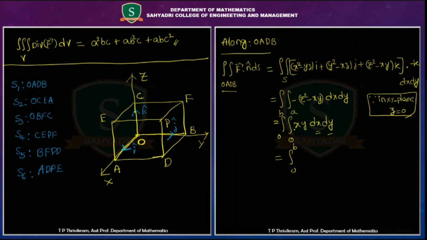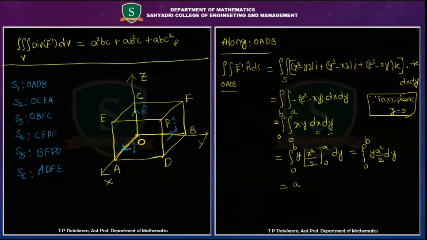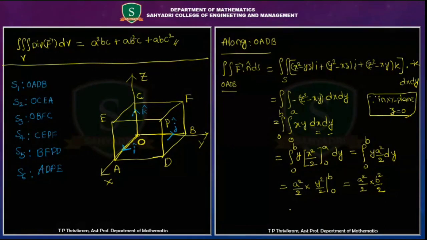Integrate with respect to x, you keep y aside, x square by 2, limits from 0 to a, dy is equal to integral 0 to b of y into a square by 2 dy. So this is a square by 2 into the integration with respect to y, you get y square by 2, limits from 0 to b. So this is a square by 2 into b square by 2. Overall value is a square b square by 4.